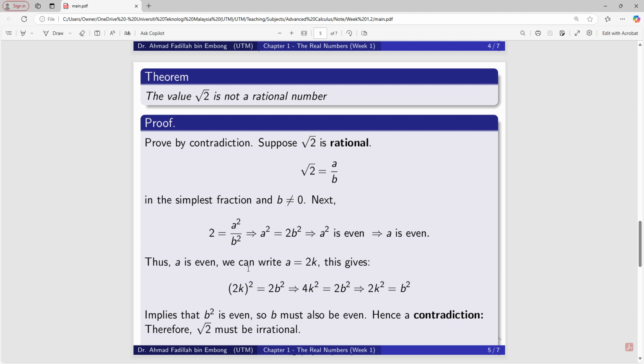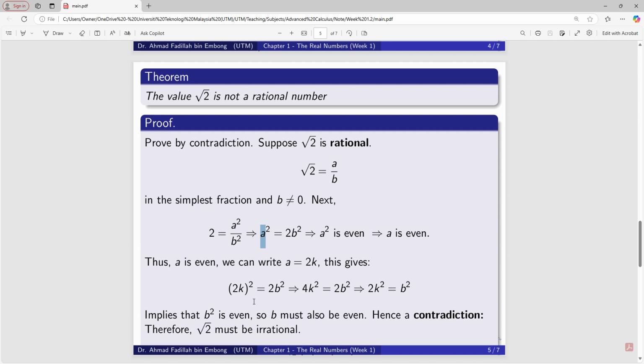So this means that a can be written as 2k, because we know that it is an even number. When we know that a is equal to 2k, we are going to substitute into this part. Instead of a, we replace with 2k.